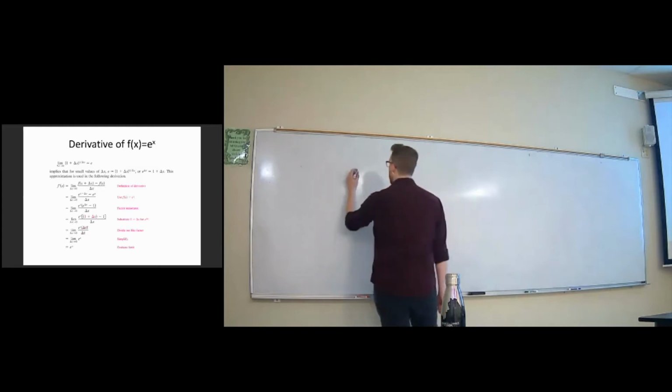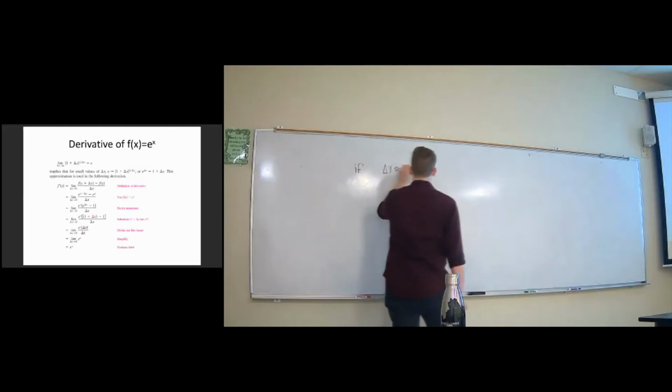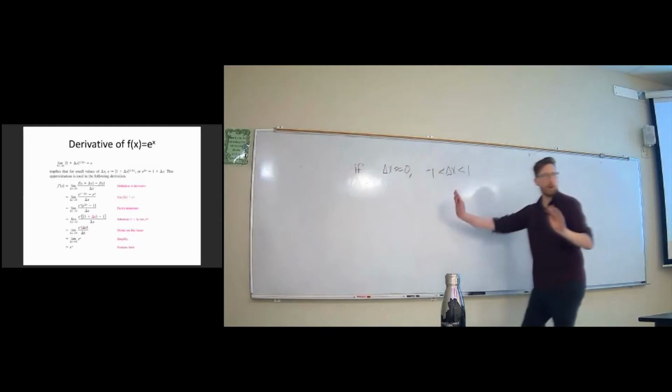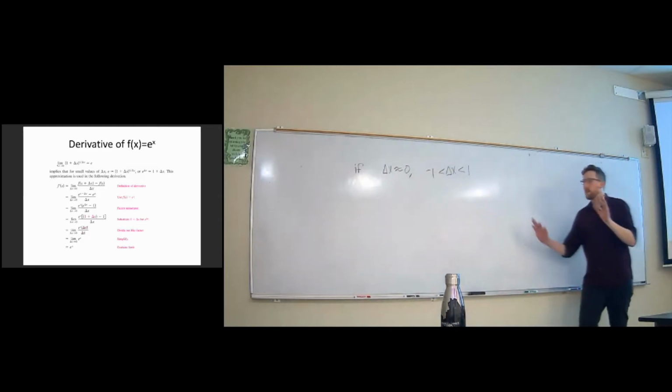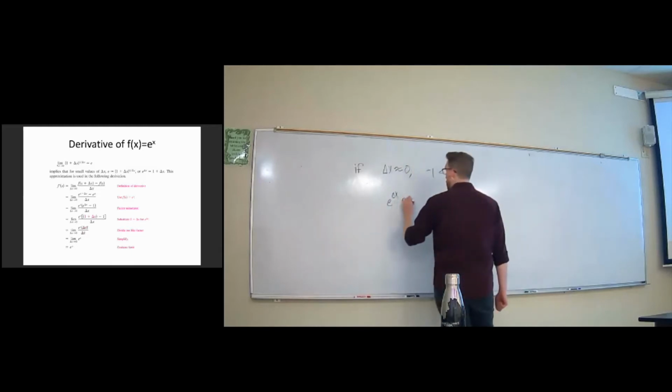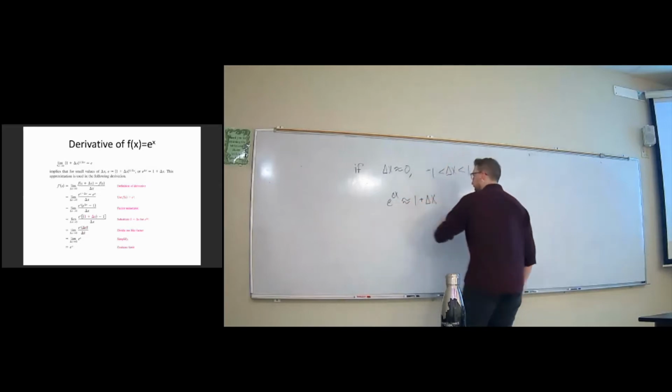We're saying if delta x is approximately 0, so delta x is between -1 and 1, somewhere in there, right? Then e to the delta x is approximately equal to 1 plus delta x.